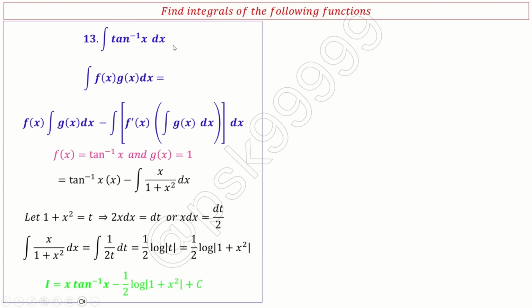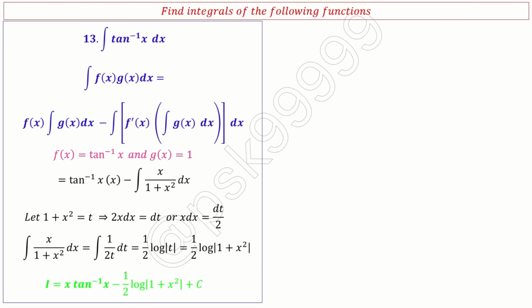Tan inverse of x. Okay, so this is a very important integration. It looks like a standard formula, but how you derive it is very tricky. So here we write this as tan inverse of x into 1. Why? Because in ILATE, I is on top, that is inverse trigonometric functions are on top. So 1 I am considering as my g of x. Why should I consider 1 as g of x?